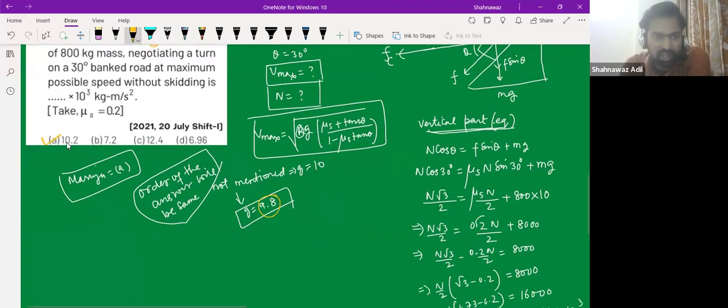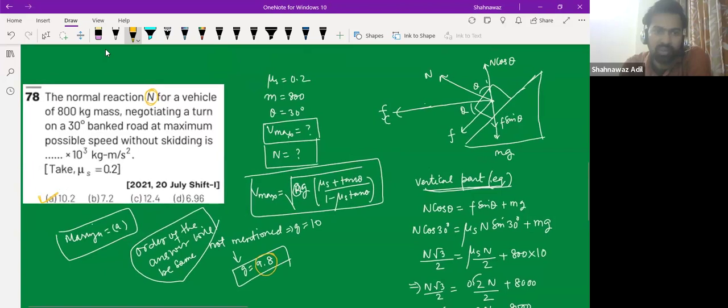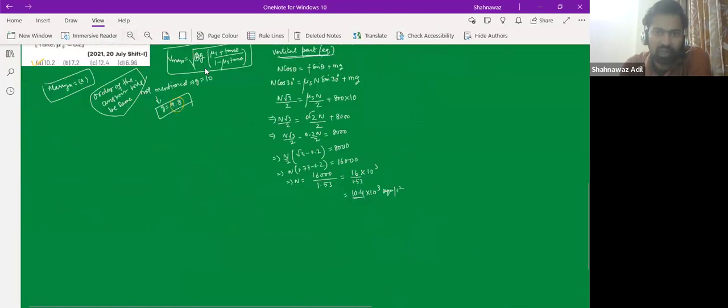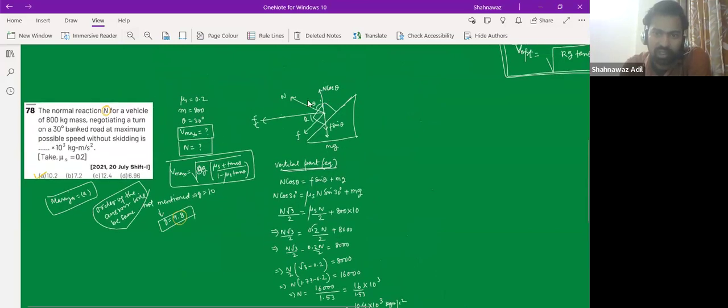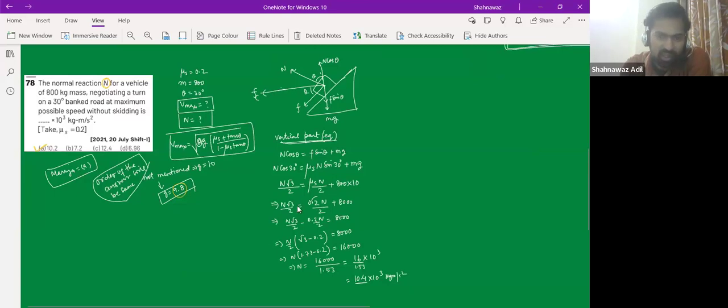This one is nearest to the answer, so this would be the answer. Okay, is this question clear, guys? We have just used the idea of these parts, component wise, we have written this and then used that. Is it clear, everyone?